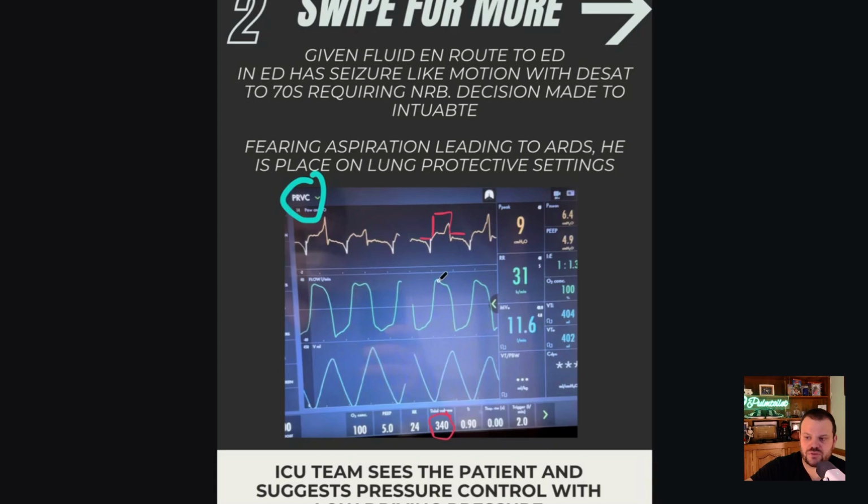What you should see in the flow, if the patient's passive, remember, is this natural decay. The flow increases during the first part of inspiration, so the peak inspiratory flow, and then through natural decay, as you move through inspiration, the pressures equalize, therefore the flow gets less and less, ultimately coming to zero.